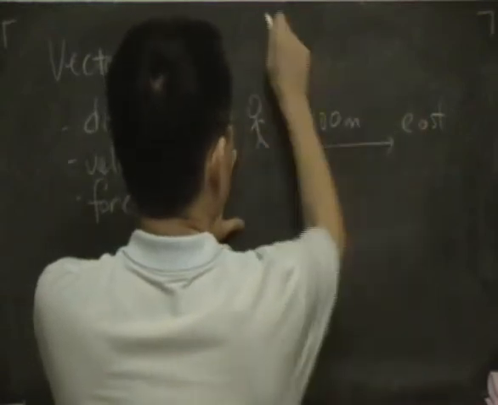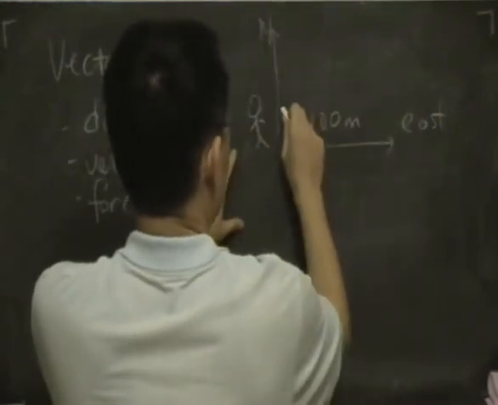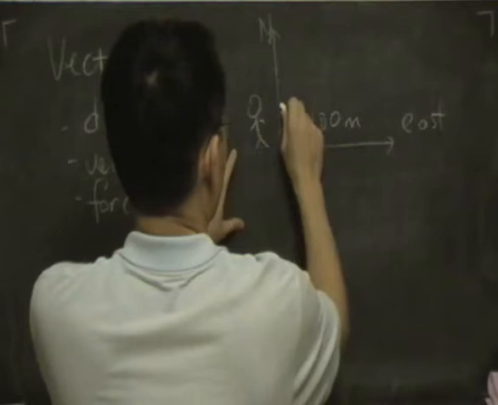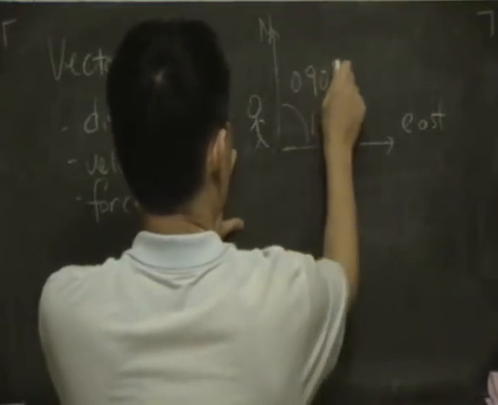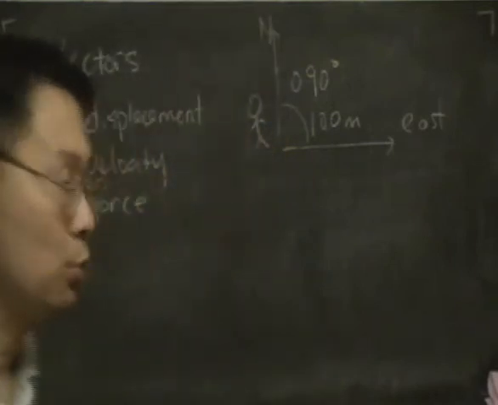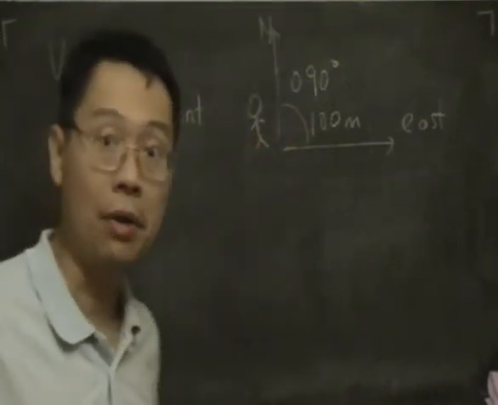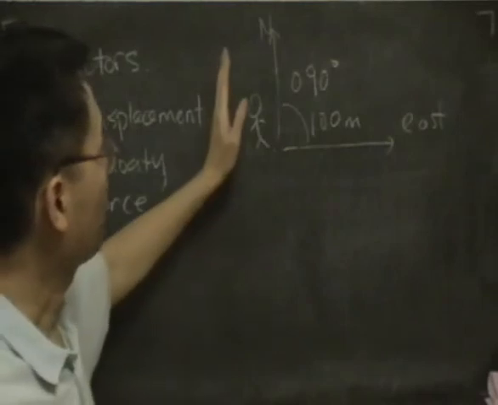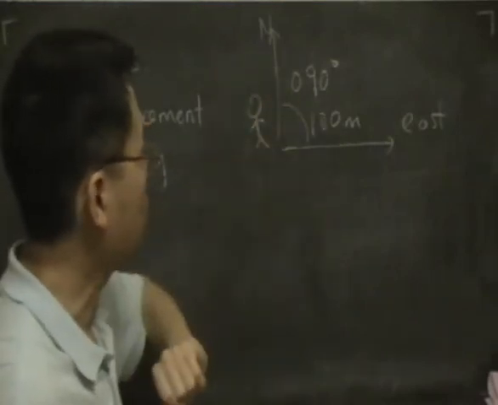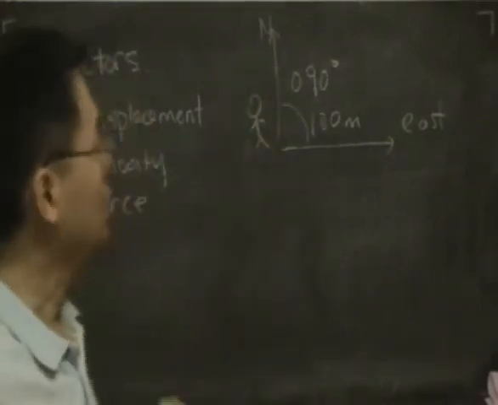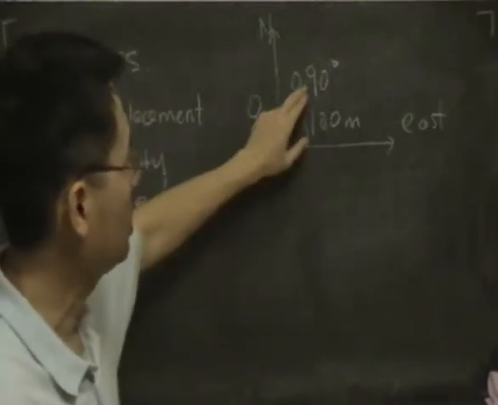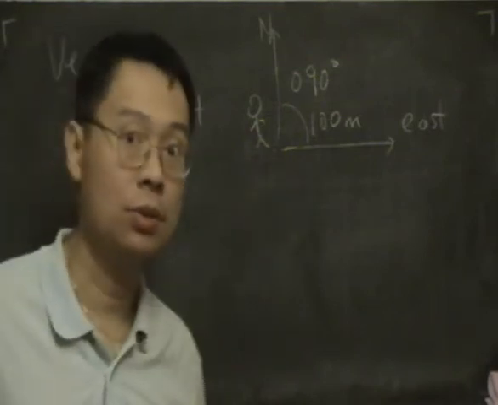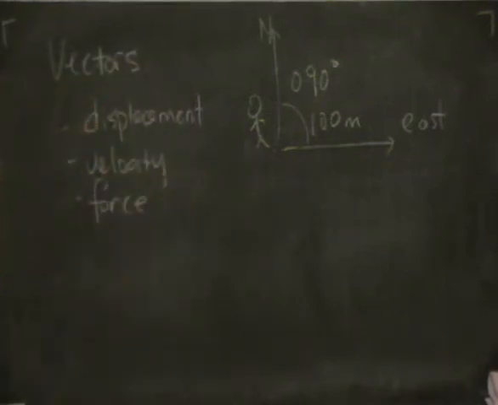So the east is 90 degrees to the north. That means we have a bearing of 090 degrees. So that's how we represent a direction in geography. So 090 degrees would be the direction of this vector. So I can say that the magnitude is 100 meters and the direction is 090 degrees. So that's one way to represent a vector.